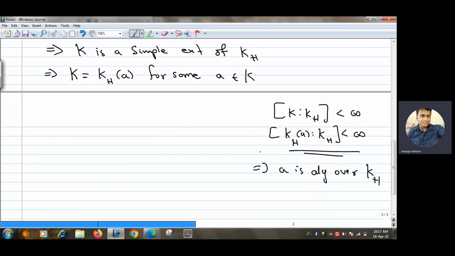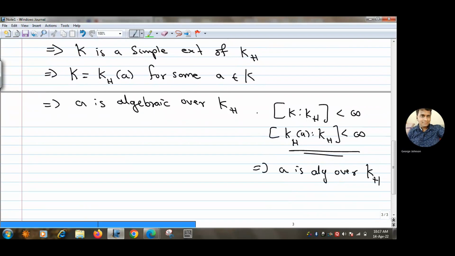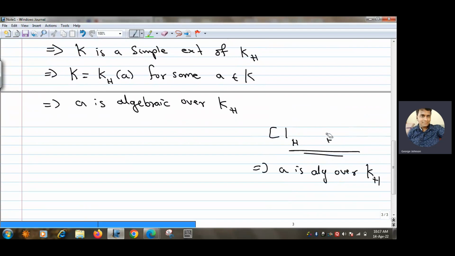So using that theorem, I can say that A is algebraic over KH. Now, because A is algebraic over KH, A must be algebraic of some degree over KH. Okay, let us assume that A is algebraic of degree M over KH.